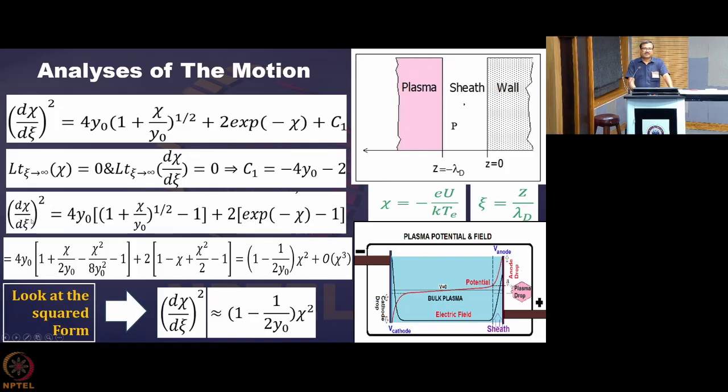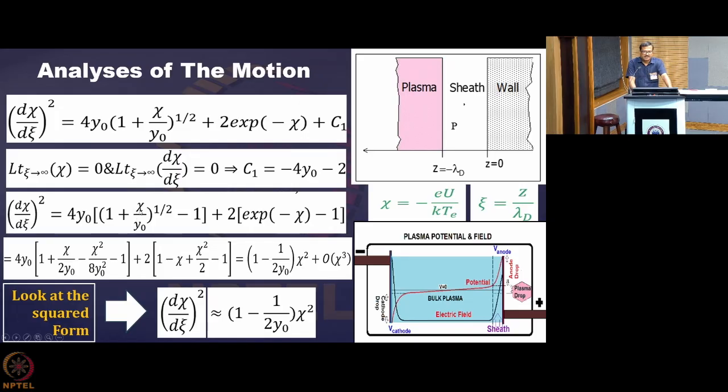What we get is (d chi by d psi) square is equal to this one plus this one. Now you can expand this, because chi is the potential energy and y0 is the kinetic energy, and in plasma the basic criterion for formation is that y0 should be much greater than chi.